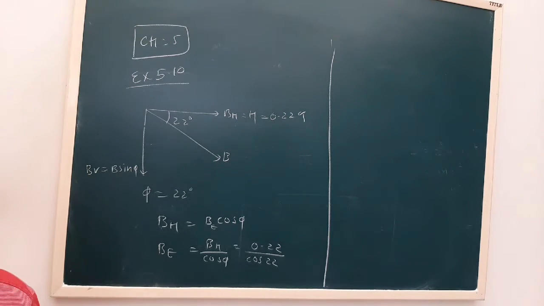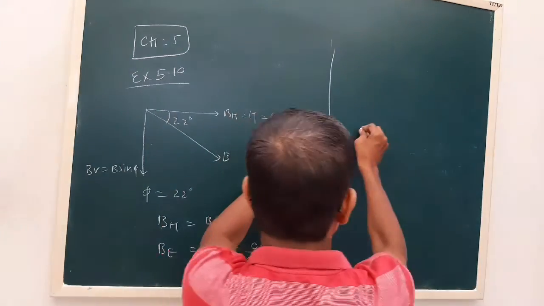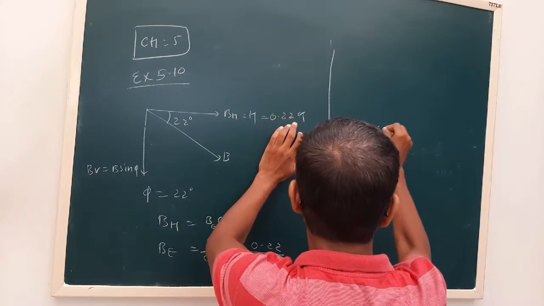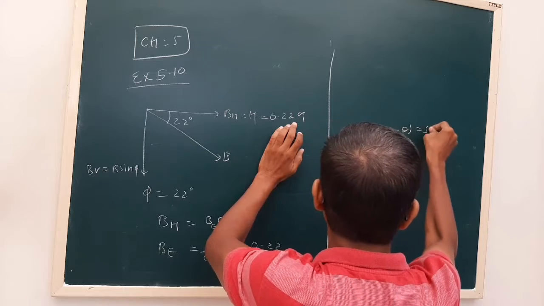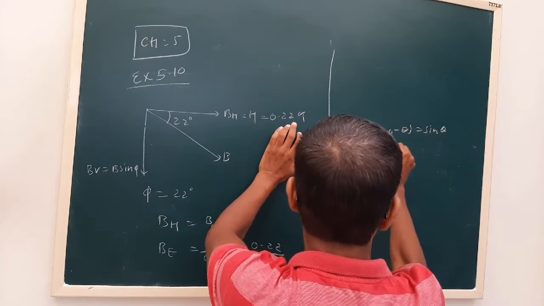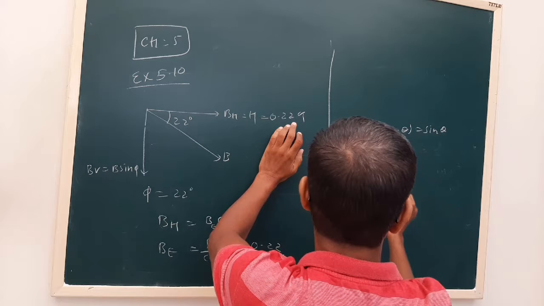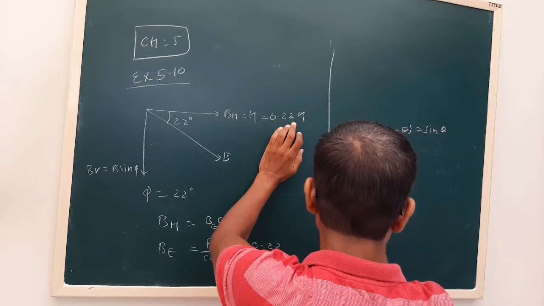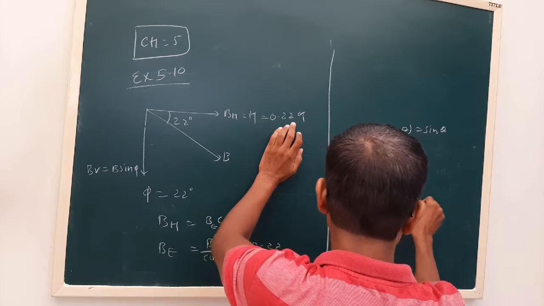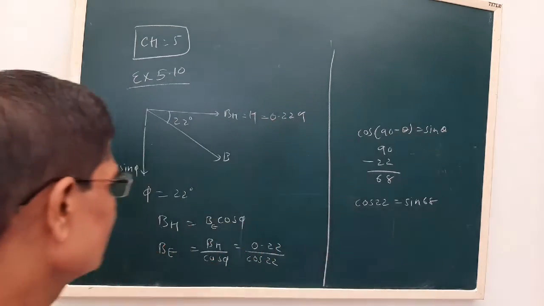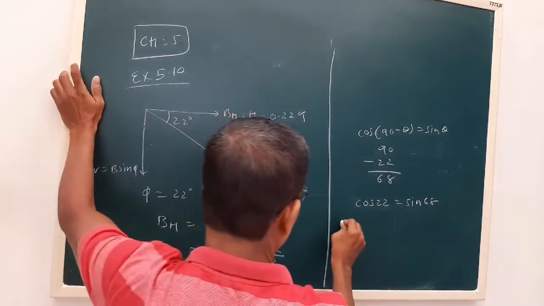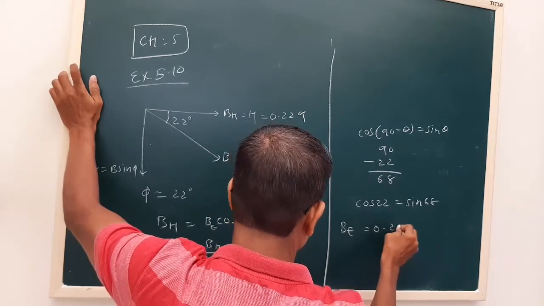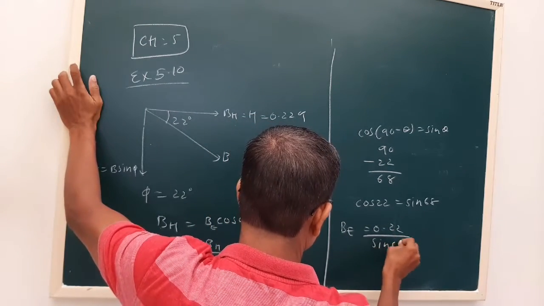Now cos 22 degree is not given. Generally when we use a log table, we have a table of sine, so we have to remember cos theta is sin of 90 minus theta. So cos 22 is sin 68. So we can get the value.